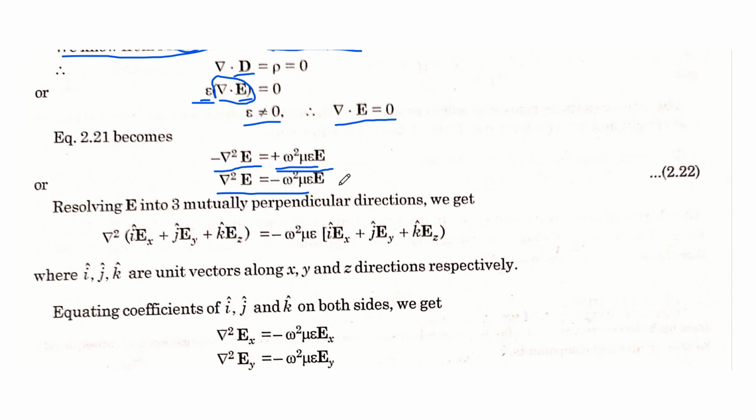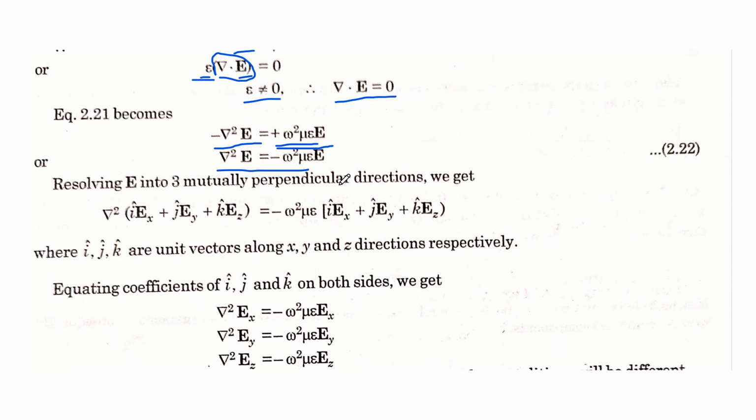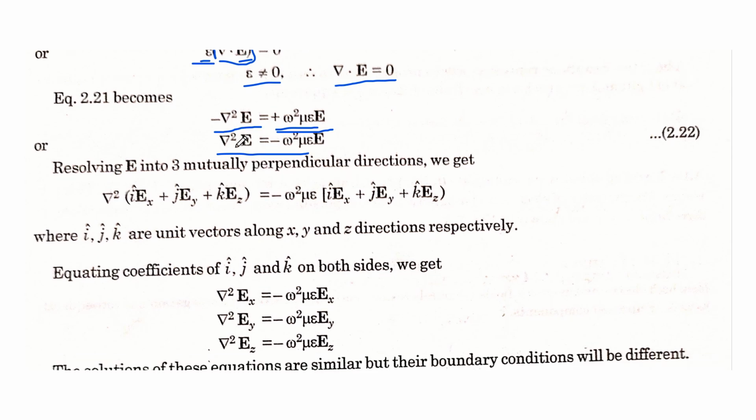Now I'm going to write this equation in terms of the x, y and z directions and x, y and z coordinates also. Here I simply represent this vector in terms of x, y and z. Okay, then my equation will be like this, del square into i bar Ex plus j bar Ey plus k bar Ez equal to minus omega square mu epsilon into i bar Ex plus j bar Ey plus k bar Ez.